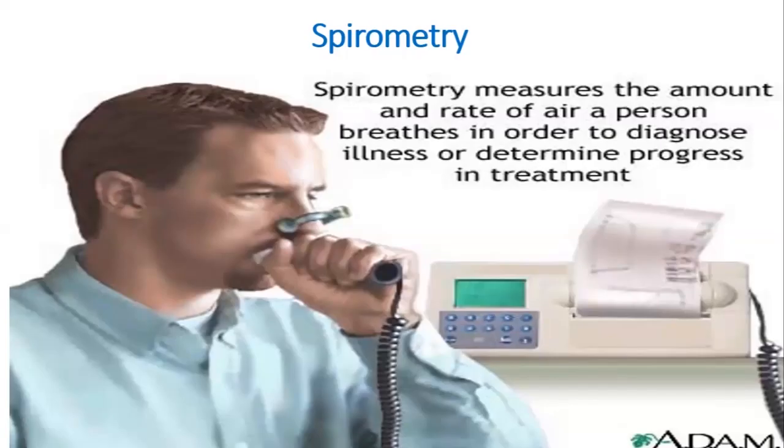And the way it is done is that you blow into an apparatus which is connected to a computer system, and usually there is somebody there who is conducting this spirometric measurement. Very often people have to be told how to breathe in and out as hard as they can. And so sometimes they may take 1, 2, or even 3 readings for 3 attempts and work out the average.